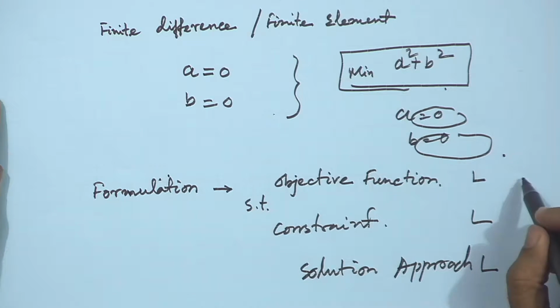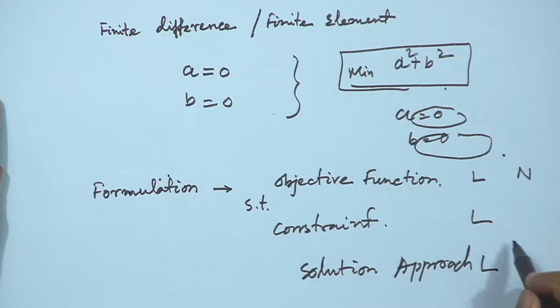If your objective is nonlinear and constraint is linear, then the approach should be nonlinear. If your objective is linear and constraint is nonlinear, again your approach should be nonlinear programming. This should be clear.